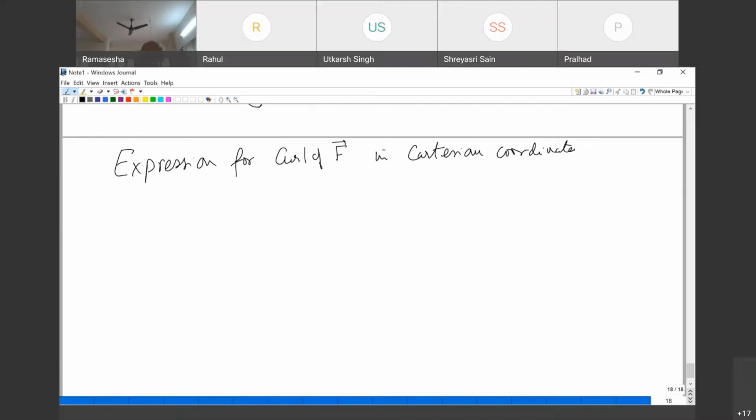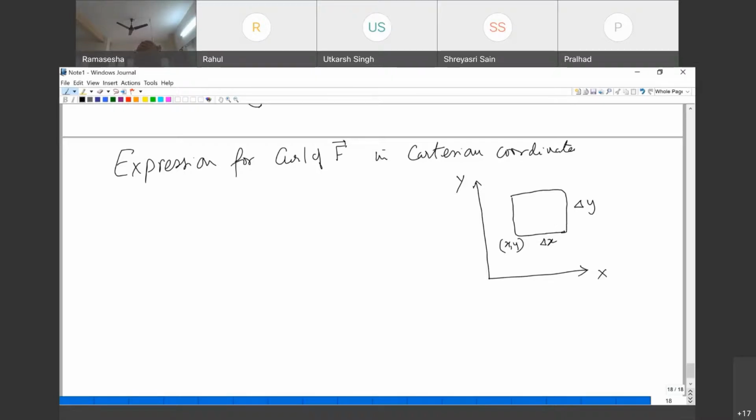So what I will do is, let us first get it in the xy plane. Okay, so what we are doing is the following. Let's say this is x and this is y, and I have a closed path in the xy plane. This is x comma y, and this is delta x, this is delta y, right?